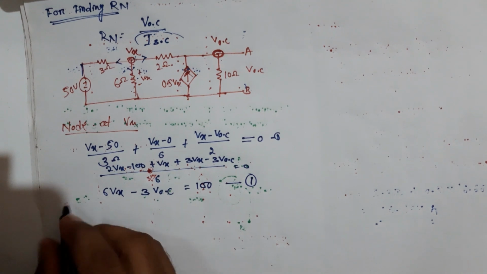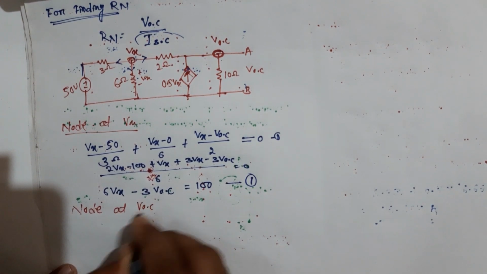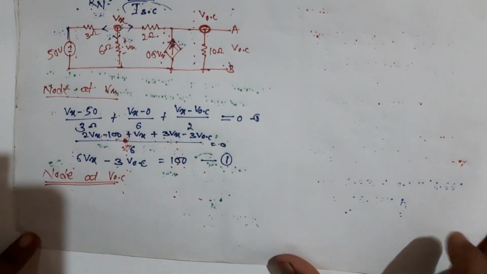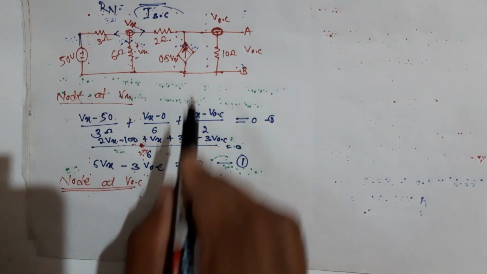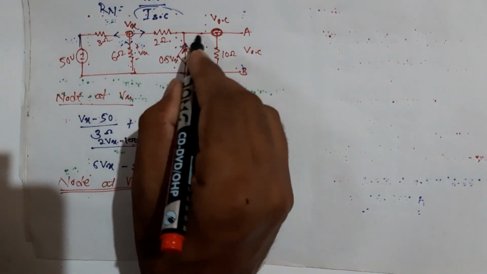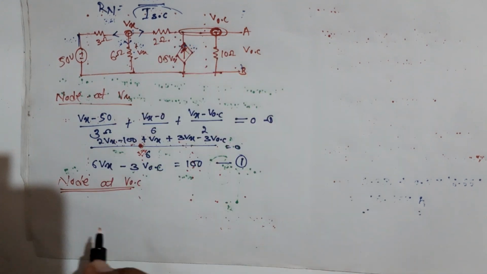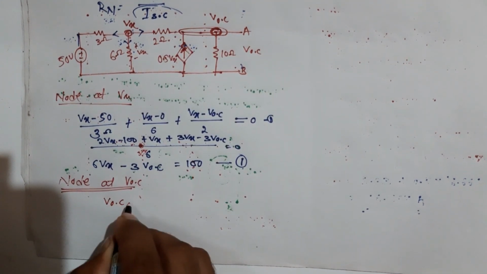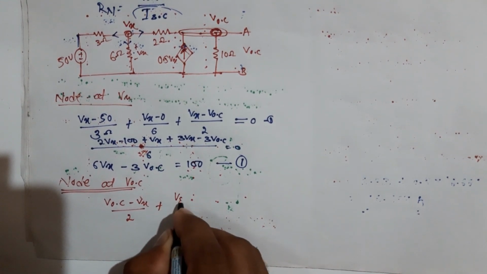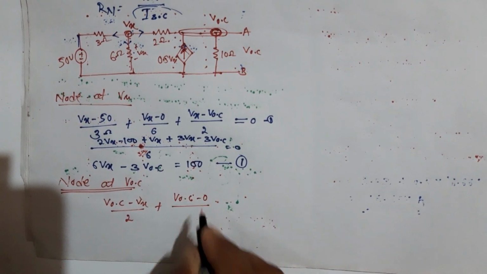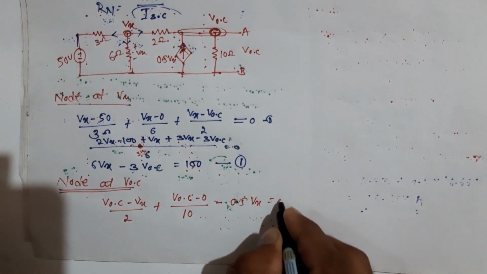Then the node equation at VOC. Current is entering this node from the 2 ohm, but the other currents leave, so VOC minus Vx divided by 2, plus VOC minus 0 divided by 10, minus 0.5 Vx is equal to 0.